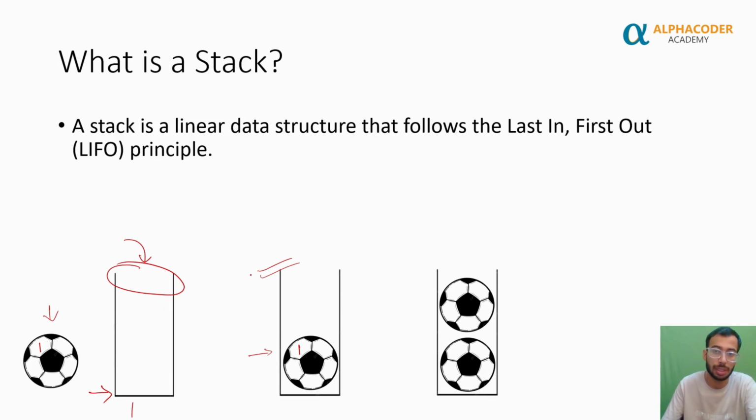Now what I do is I take another ball with number 2 and I put this ball inside this one-sided pipe, or one-sided glass, or a simple glass. Now when I put ball number 2 inside, this is how the structure finally looks. Ball number 1 is at the bottom, then ball number 2 is in the upper position, right?